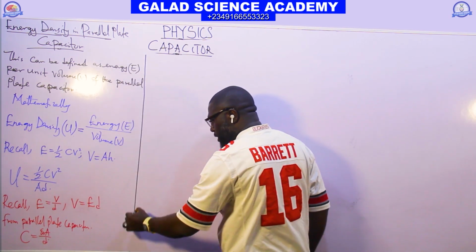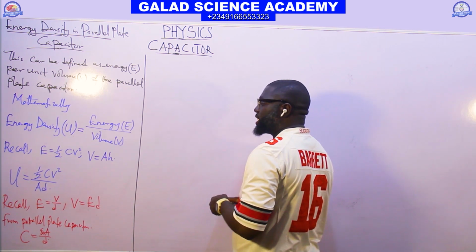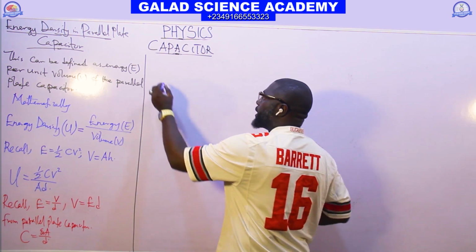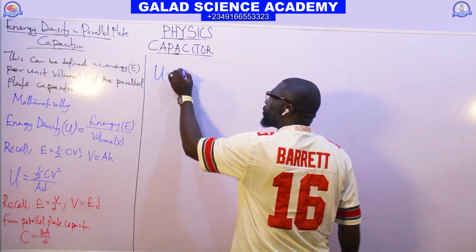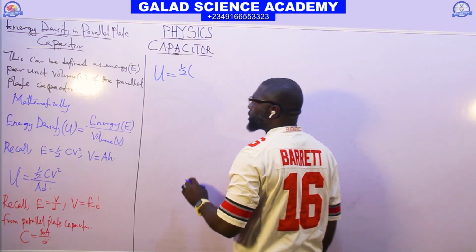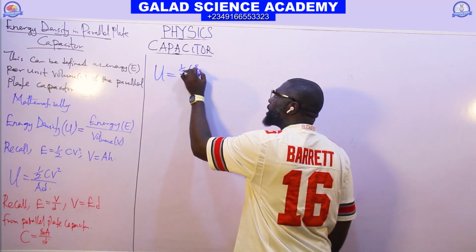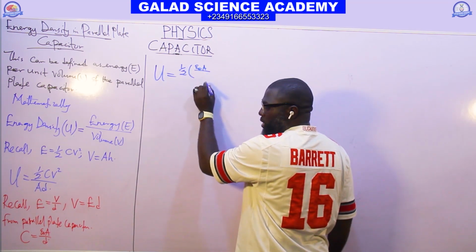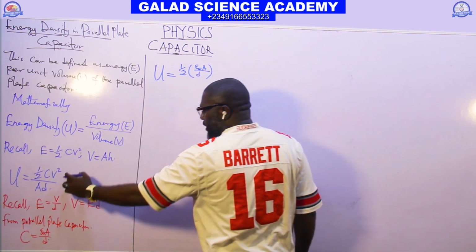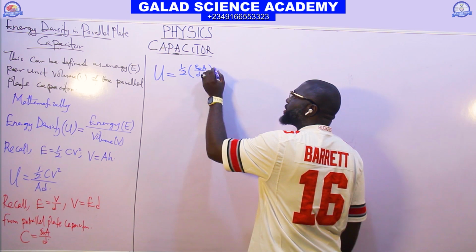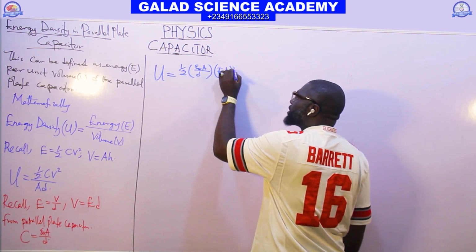So our energy density U will be equal to, substituting, half into C, which is epsilon naught A over D, into bracket V, which is electric field intensity multiplied by distance D, everything squared.